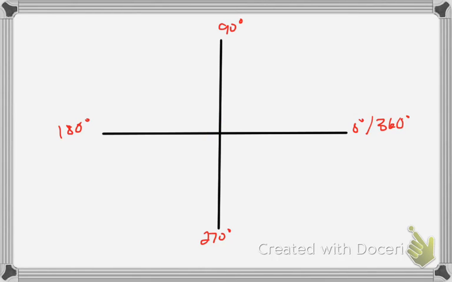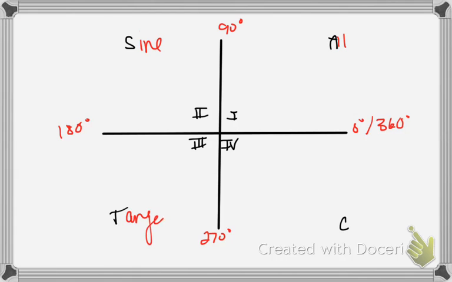The cast rule starts in the bottom right quadrant, C, and moves counterclockwise, C-A-S-T. This is quadrant 1, 2, 3, and 4. So the C starts in quadrant 4. What these represent are basically the words all, sine, tan, or tangent, and cosine. And these tell us which trig ratios are positive in which quadrants.